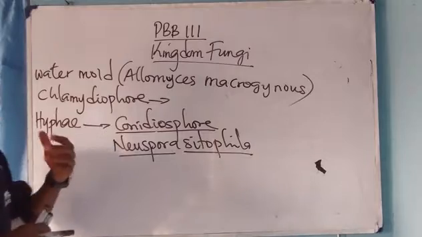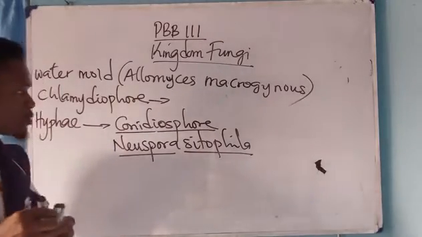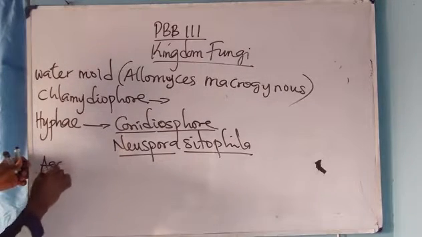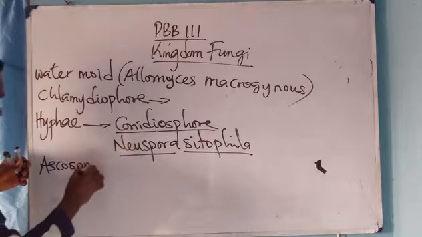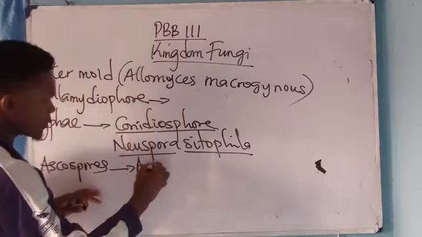Some fungi also have the ability to produce ascospores. These ascospores are produced by the ascomycetes.